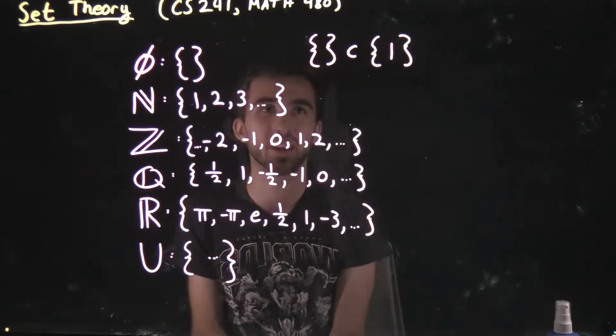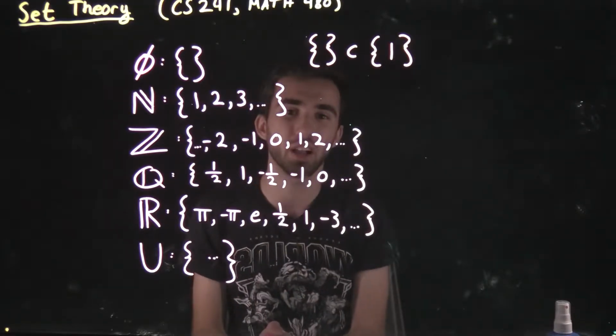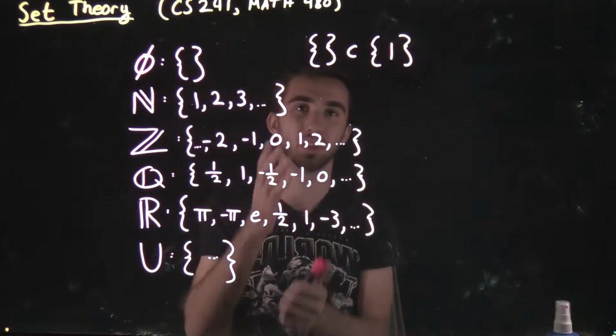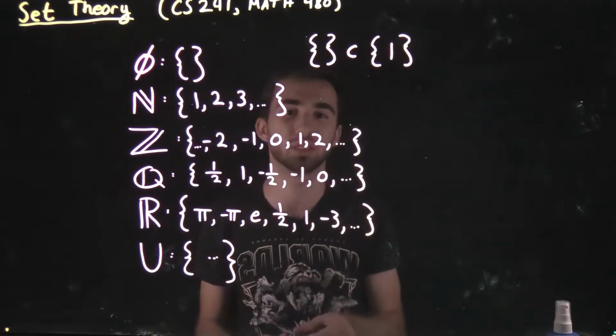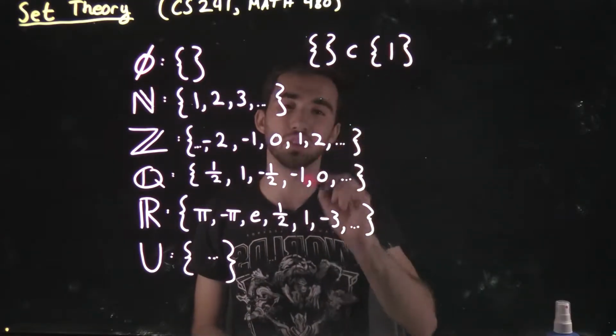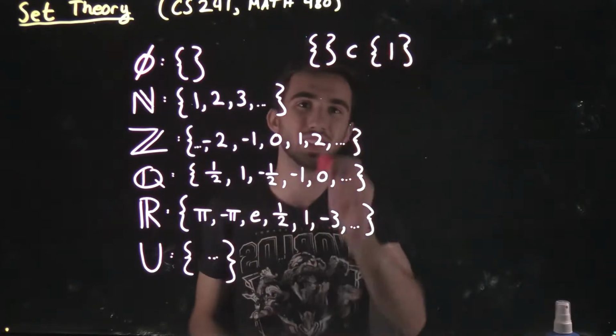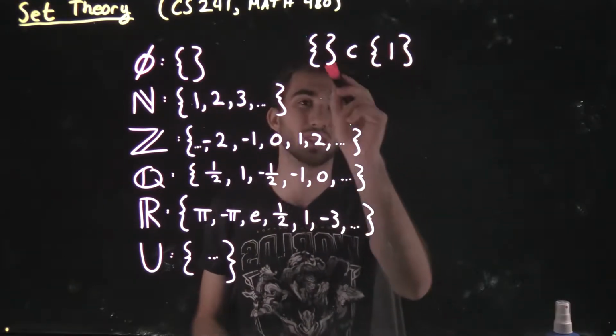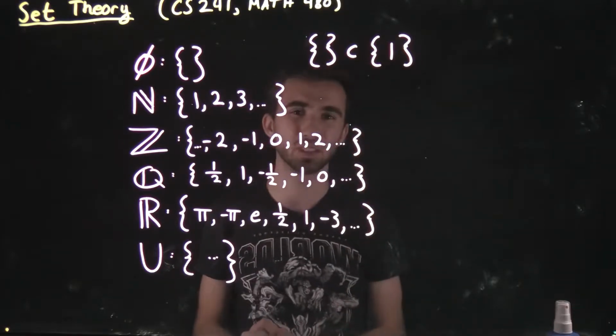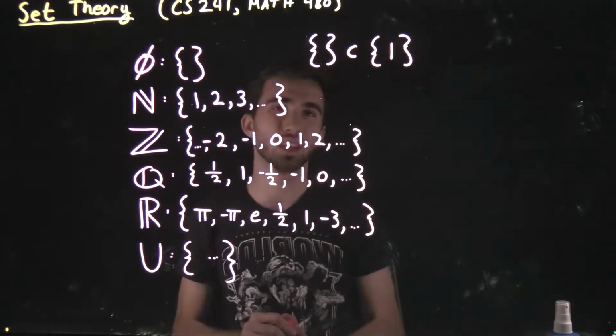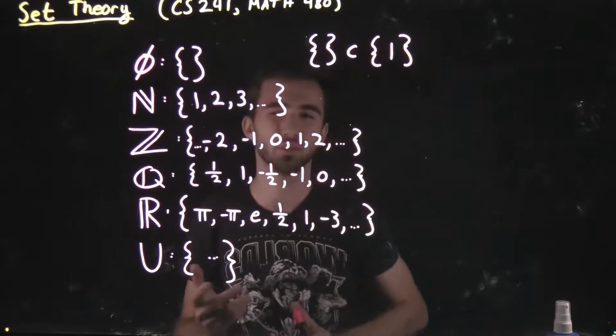But if you're stuck on it, subset means that every single element inside of a set is also inside of the other set, right? And there are no elements inside of this set, which means that every single element that is in this set is inside of this one, because there's nothing in this. It's kind of confusing to wrap your head around, but if you go through the definitions, it should make sense.